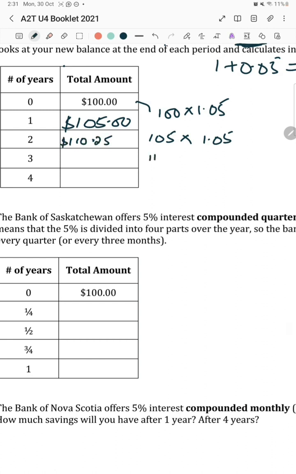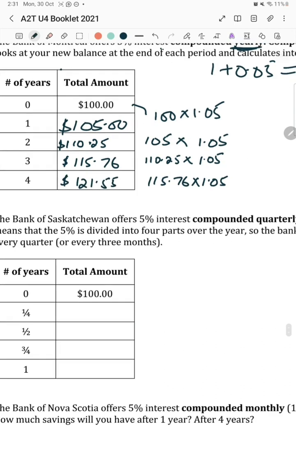Then 110.25 multiplied by 1.05 will give us $115.76. Then 115.76 times 1.05 will give us $121.55.